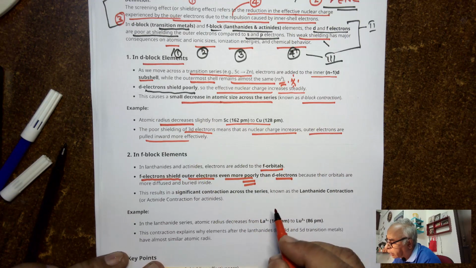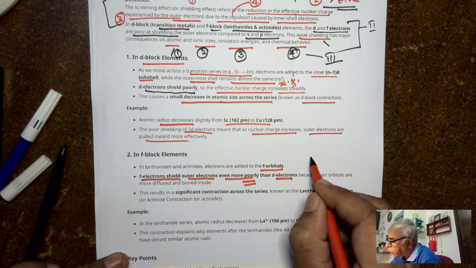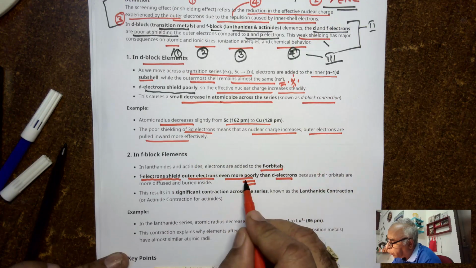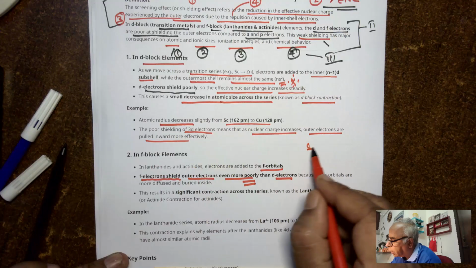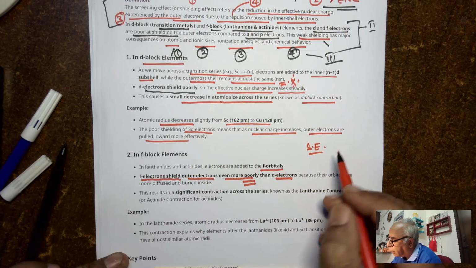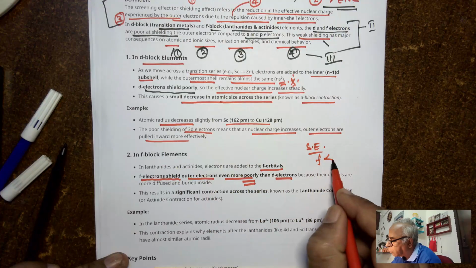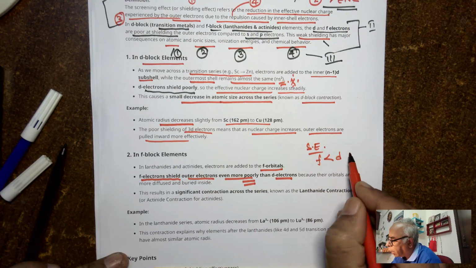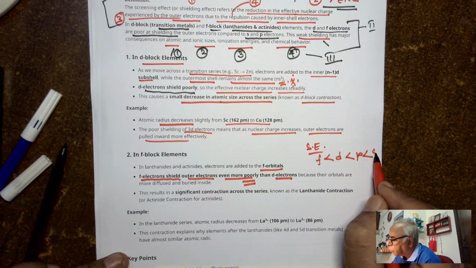So I hope now you can understand the shielding effect order. Let us call it shielding effect, and this is worse in the case of f, better in the case of d, better in the case of p, and better in the case of s.